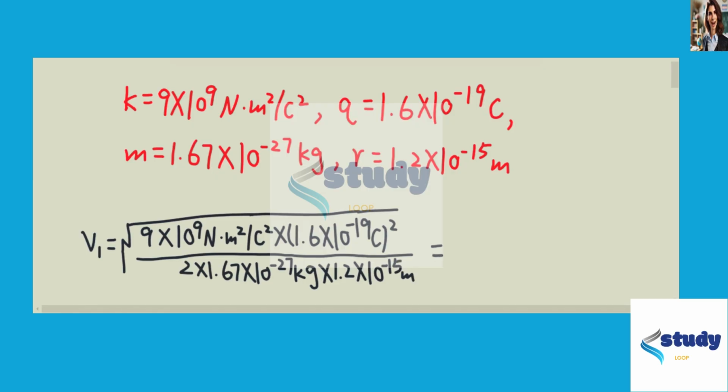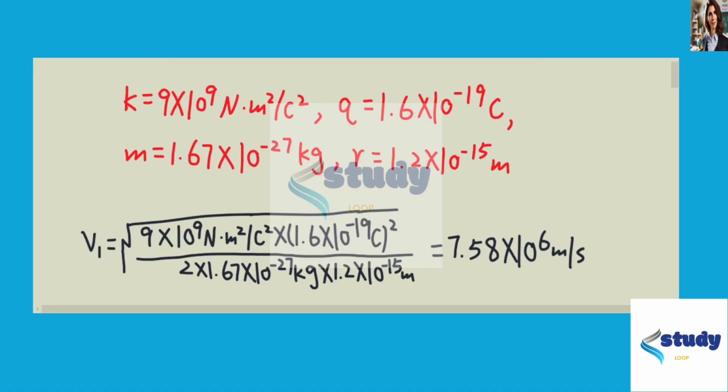This gives us the speed of the proton as about 7.58 times 10 to the power 6 meters per second.